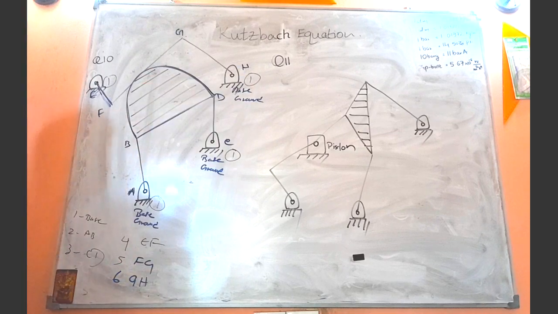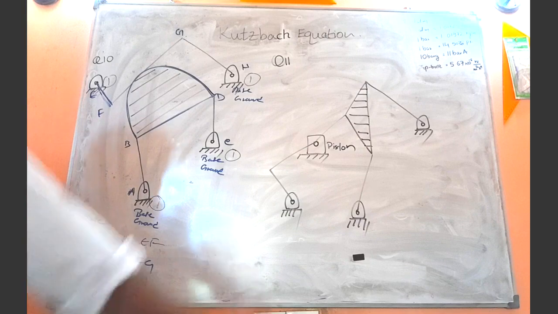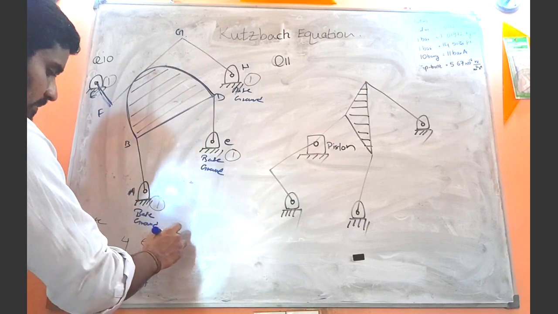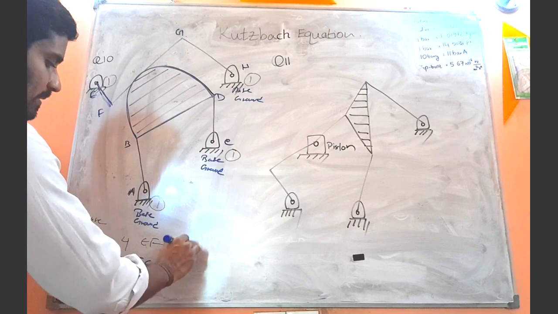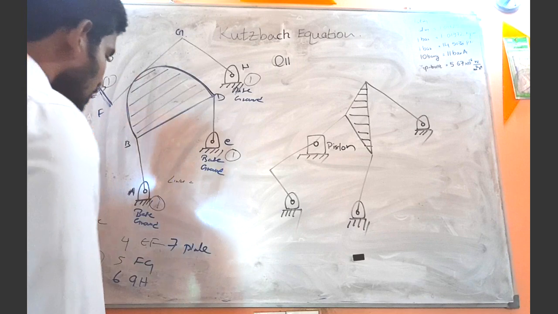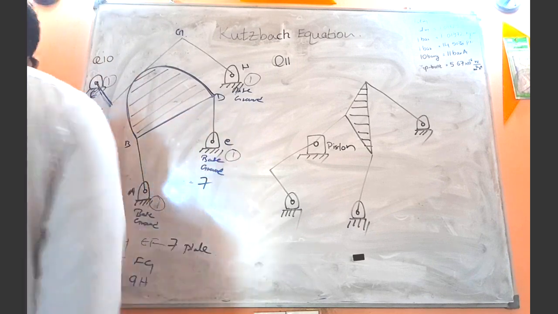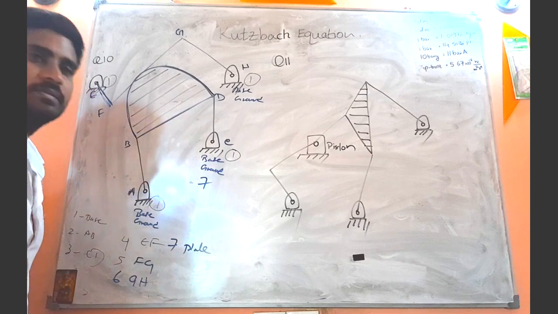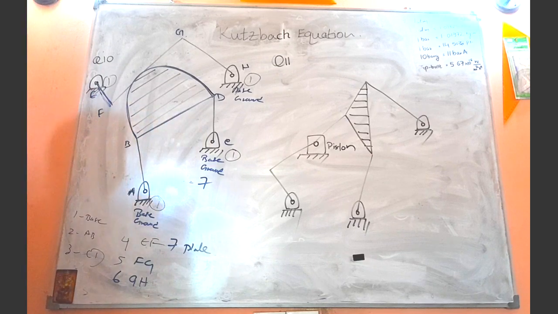Is that all? No. Here we have this single plate, so that is the seventh link, the plate. So we have a total of 7 links, right? But now you have to consider something. Just focus here.